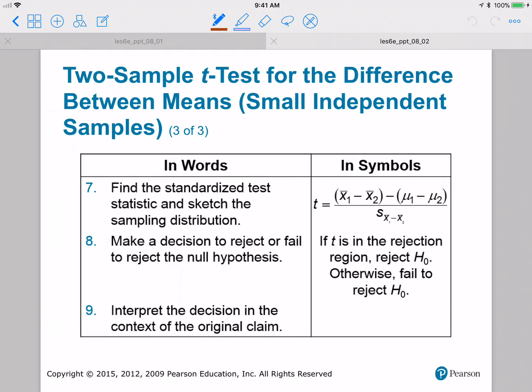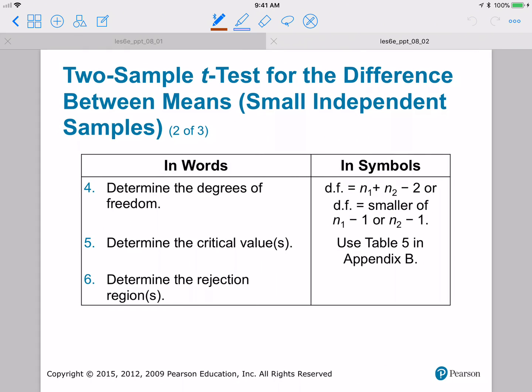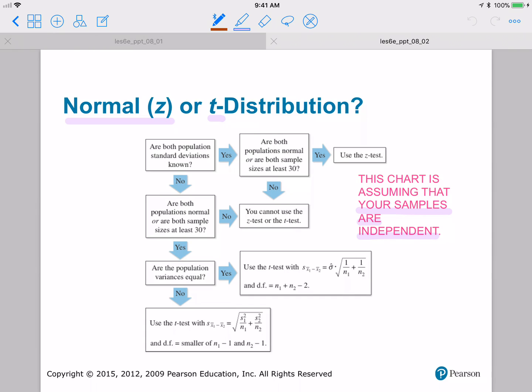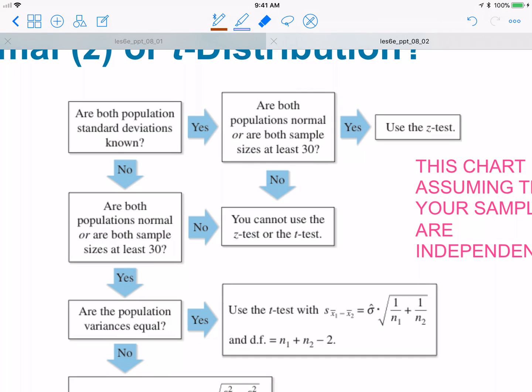So we need to know that in order to determine which formula we're going to use. So again, remember, we're solving this problem using rejection regions. Okay, so let's look at our flowchart. Are both population standard deviations known? No, they're not known, right? We only have S1 and S2. We don't have sigma 1 and sigma 2.